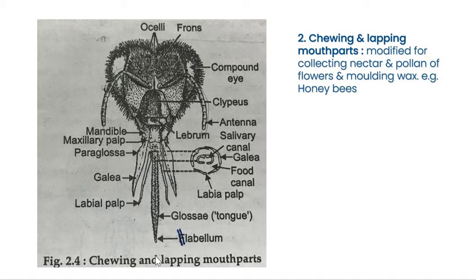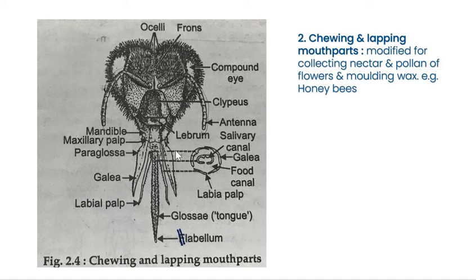The labrum lies beneath the clypeus and the fleshy epipharynx projects below the labium. After that, the mandibles are situated on either side of the labrum, and these mandibles are smooth and spatulate. In the honeybee, the mandibles are not serrated, but are modified smooth structures.